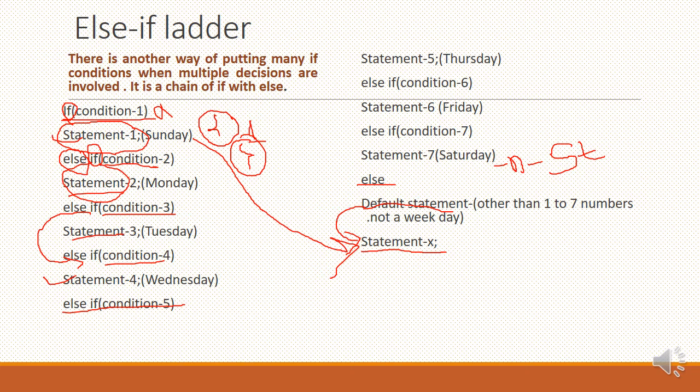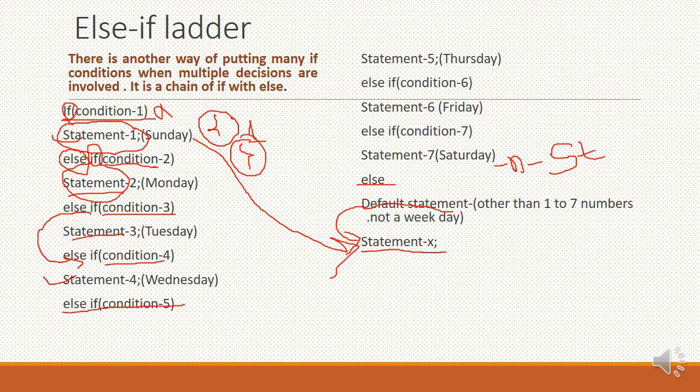Second point is, after the if condition, always you have to use the opening brace and end of the brace to write the statements, for all the conditions. Statement 4, here also you have to take it after else if. Else if is also after else if or after if.